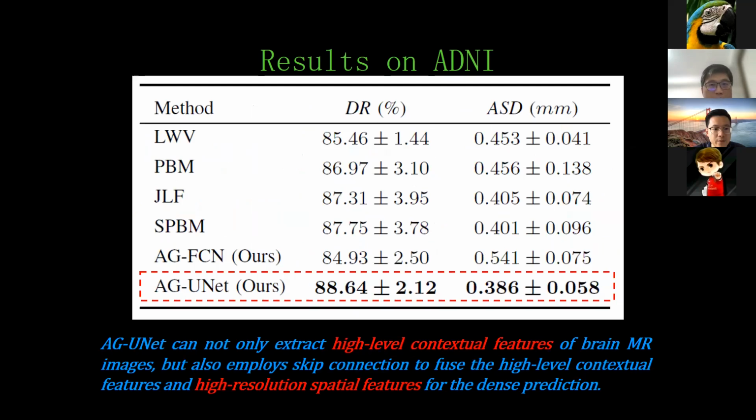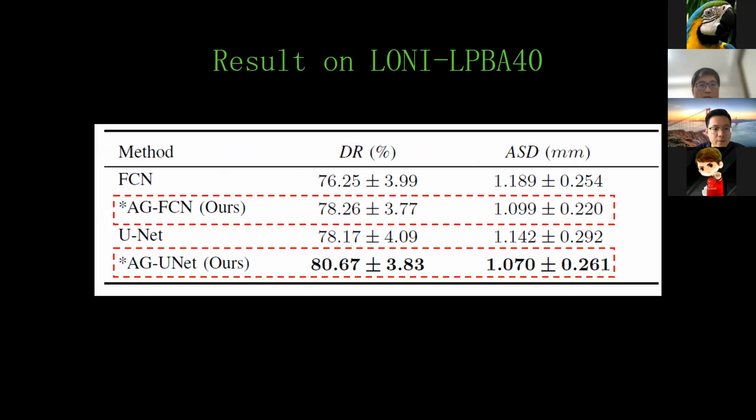We also compare our method with some state-of-the-art methods for multi-atlas segmentation. We can see our method also performs better than other methods. This is the results for the LPBA40 data sets.